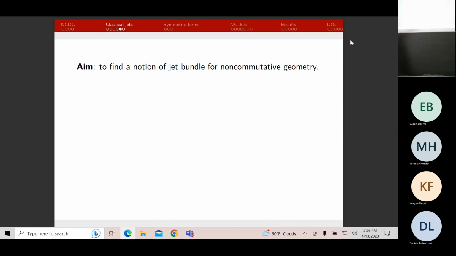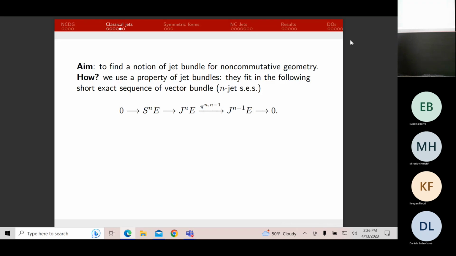Now, what's our aim? As I said, our aim is to find a notion of jet functor that fits the context of noncommutative geometry. How do we do that? We use a property which I haven't discussed yet. What happens if we take the projection from n to its immediately lower degree, n to n minus 1?